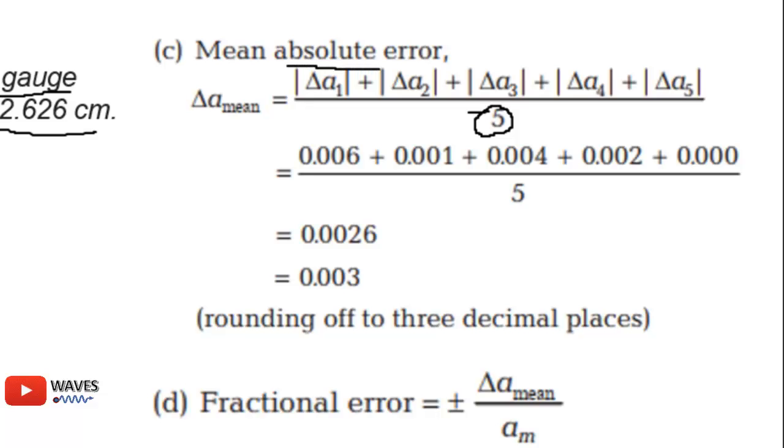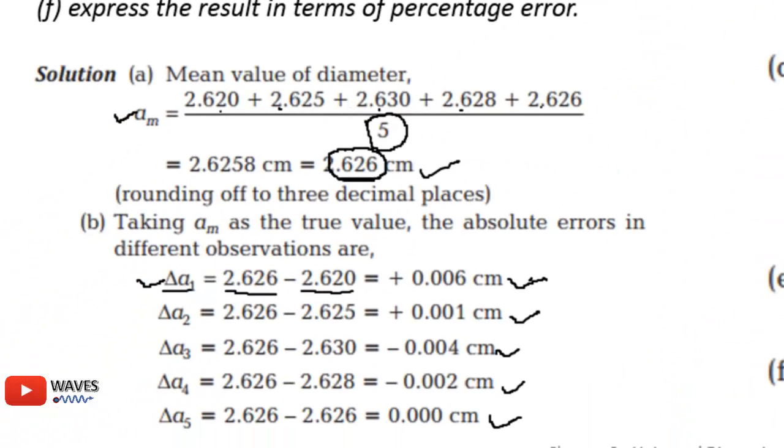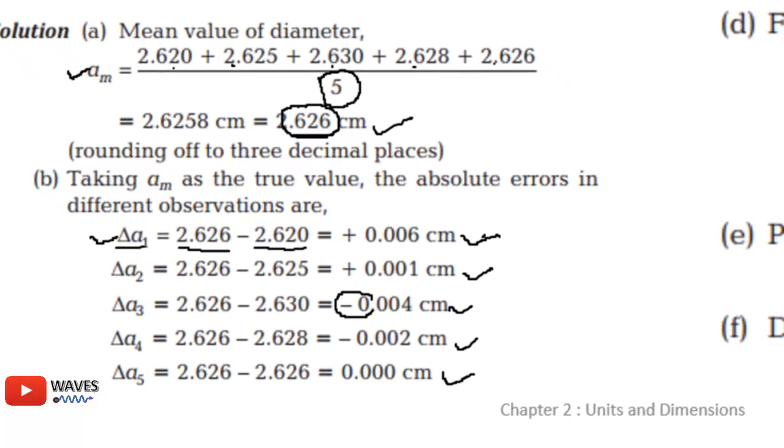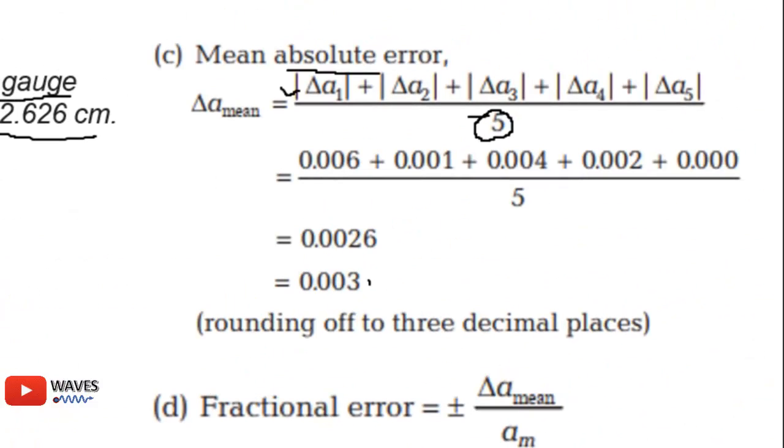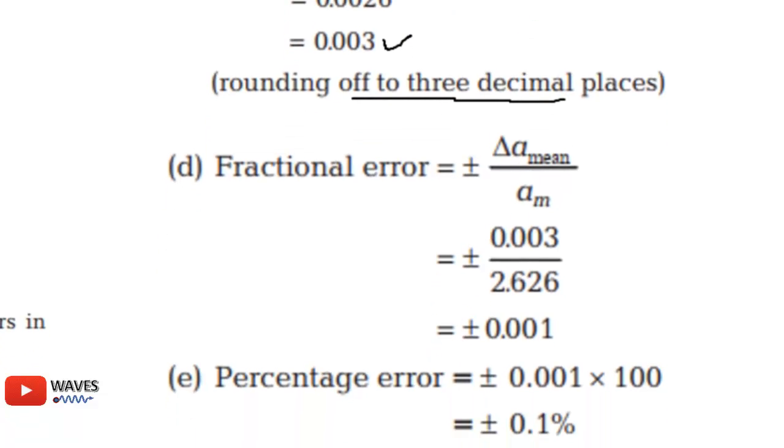So we are not going to consider the negative sign, we are just going to take the modulus of the values. If there is a negative sign here, for example this, we are not going to consider it, we just take the values, that's all. After that we divide by 5 and finally get the result. Here also we round it off to 3 decimal places, because all the values have up to 3 decimal places.